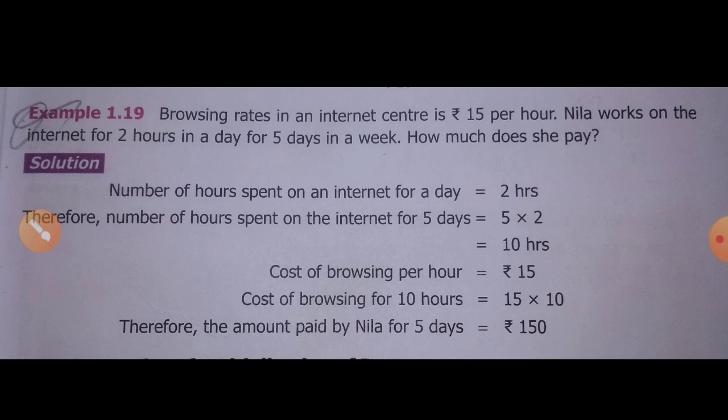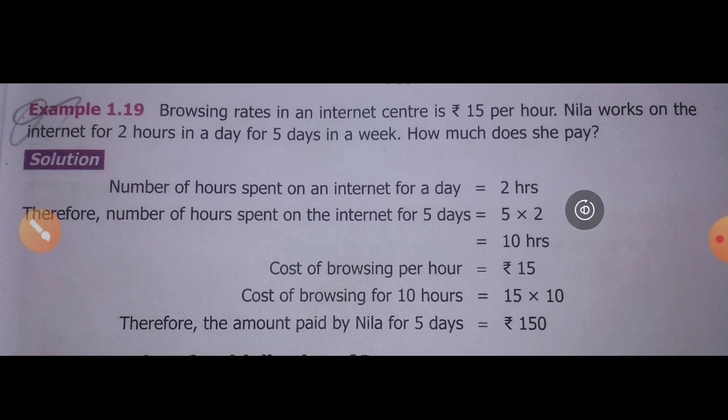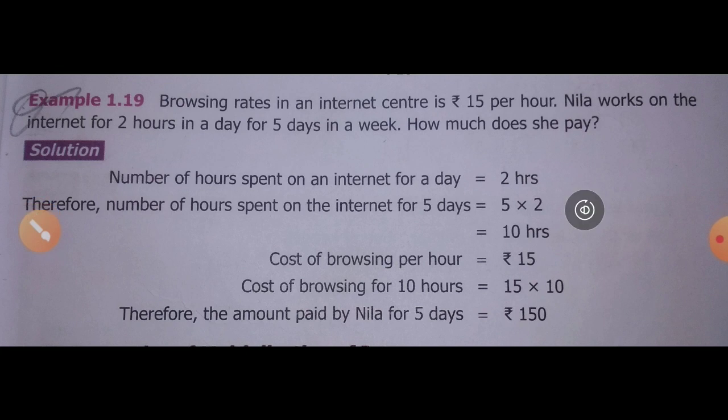Cost of browsing per hour is rupees 15. The cost of browsing for 10 hours is 15 into 10, which is rupees 150. Therefore, the amount paid by Nila for 5 days is rupees 150.